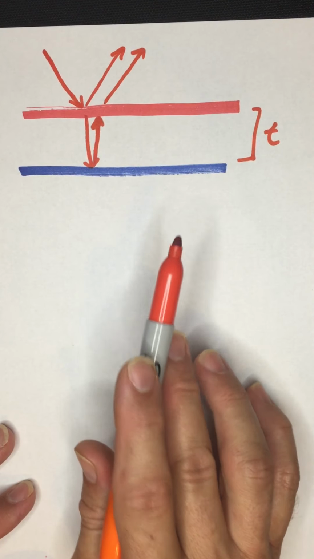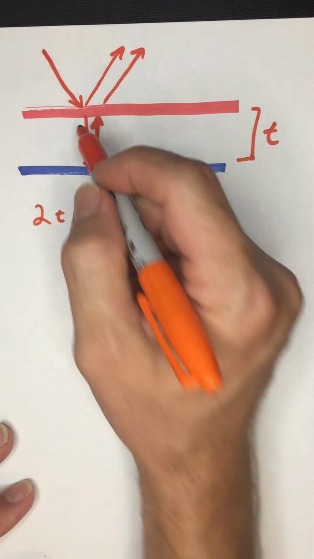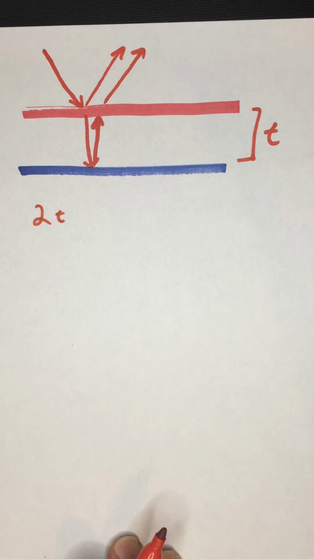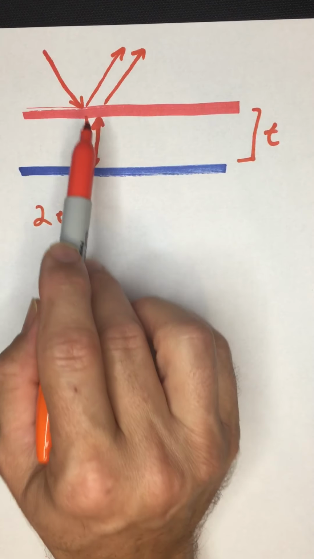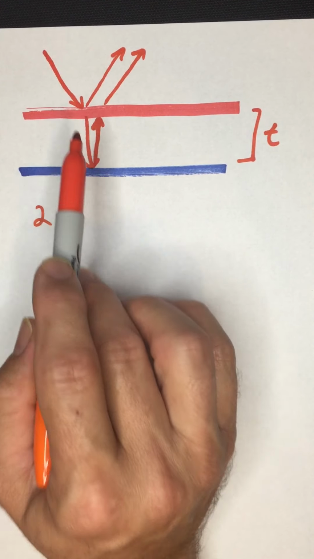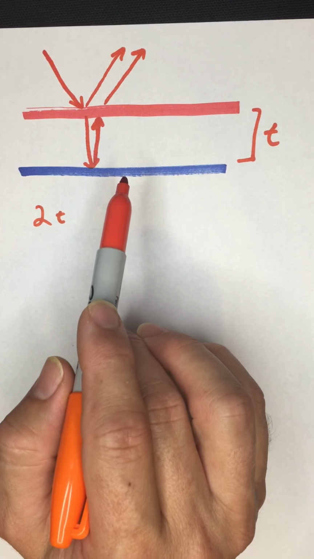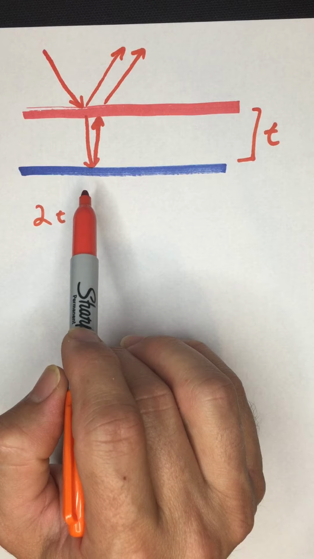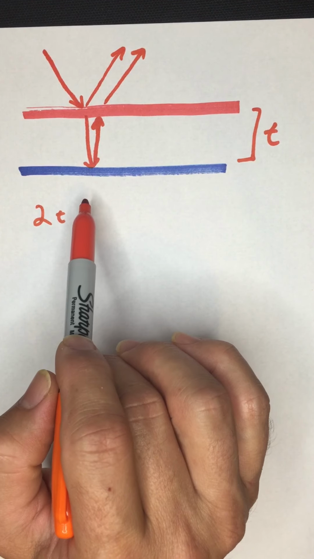To a really good approximation, the path length difference is 2t, right? Go down, come back up. Now, that is an approximation, but it's a pretty good approximation, especially if I'm coming in straight down. Then my path length difference is exactly 2t. So I'm saying that this ray and this ray are arriving at their destination after one of them having been shifted 2t.